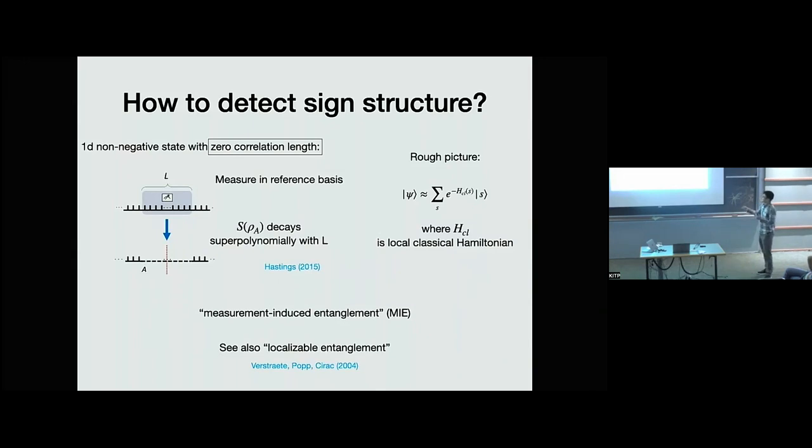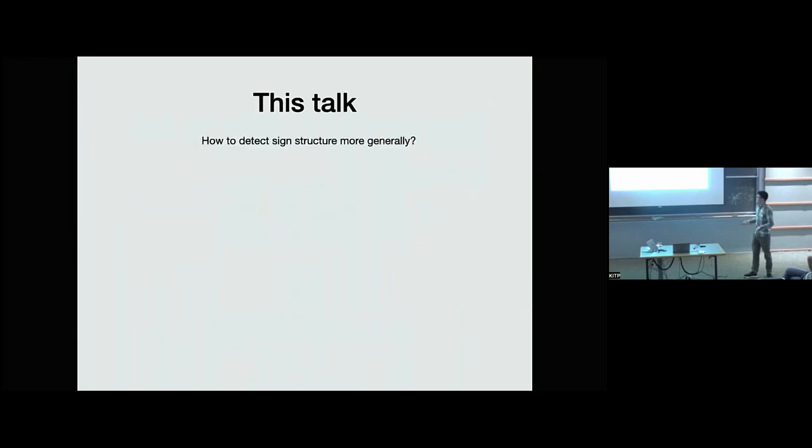Okay, so this is a very interesting probe of sign freeness, at least if you enforce a zero correlation length condition, right? So most of this work is just how do we detect sign structure more generally beyond zero correlation length. We'll be interested in particular in quantum critical states in which the correlation length is actually effectively infinite. Right?